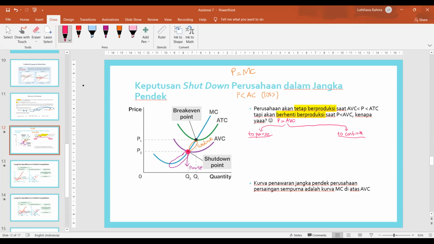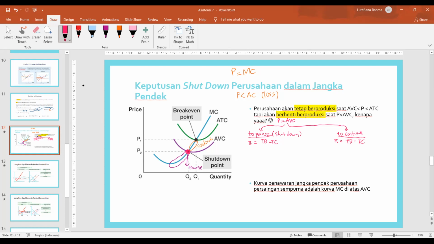Okay, first, if the firm chooses to pause, the pause is called the shutdown. Profit is total revenue minus total cost. So to evaluate what decision should be made, the firm should evaluate the profit, in the shutdown condition or the profit if the producer wants to continue the production.